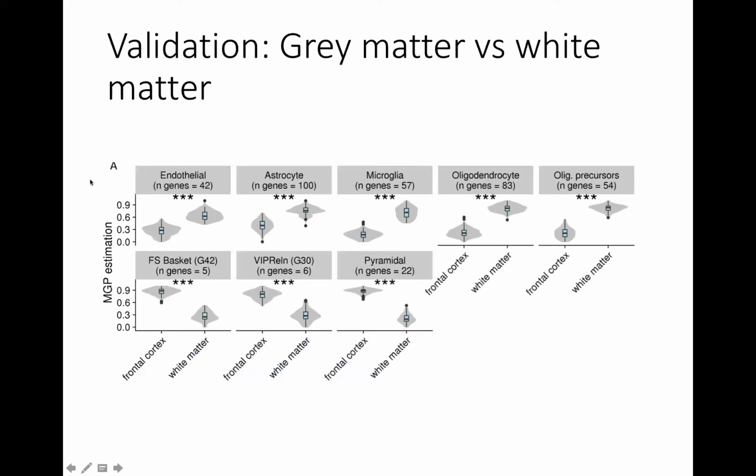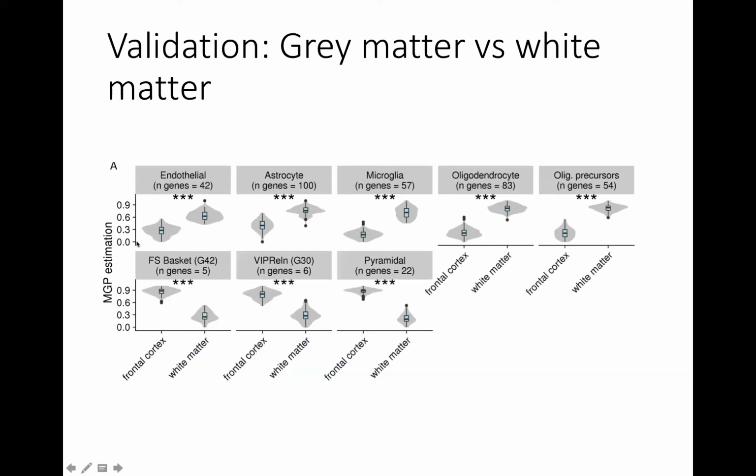So I mentioned a lot of people have applied these methods, but we still felt it was important to validate this as much as we can. The validations I'm going to show you are fairly straightforward. In this case, we've looked at gray matter versus white matter, and all of this is based on published data sets. So we're just taking those data sets and reanalyzing them.